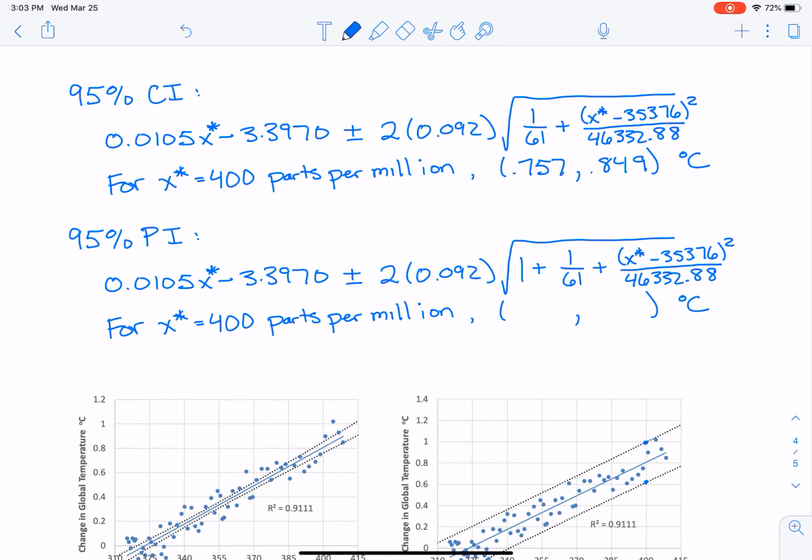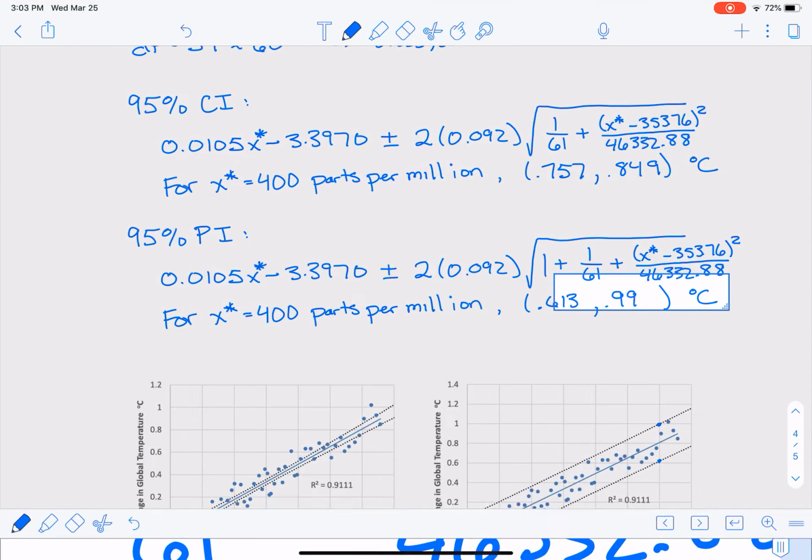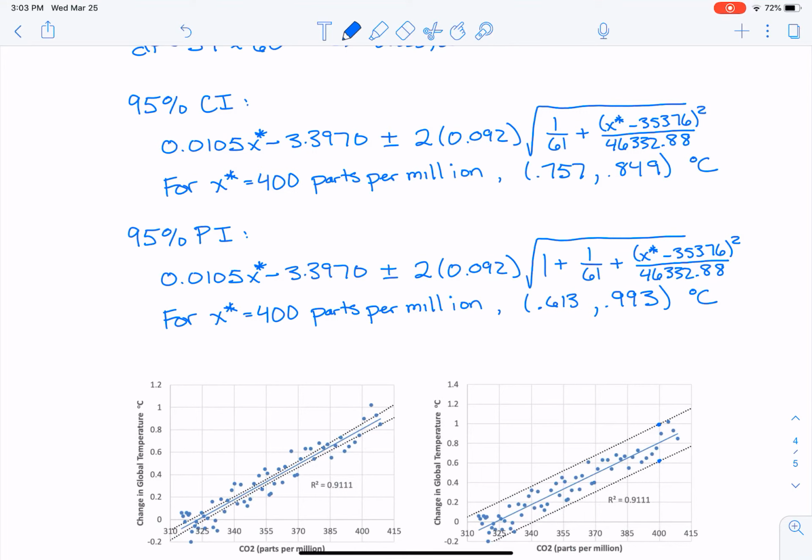So for x star being 400 parts per million of CO2 in the atmosphere, I'm going to get 0.613 to 0.993 degrees Celsius.